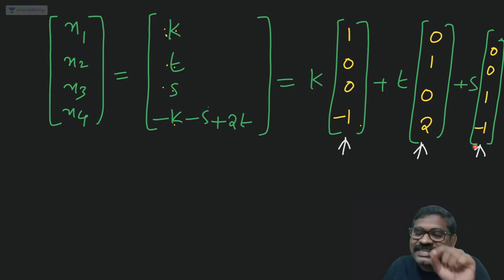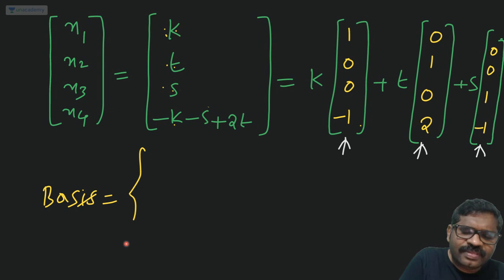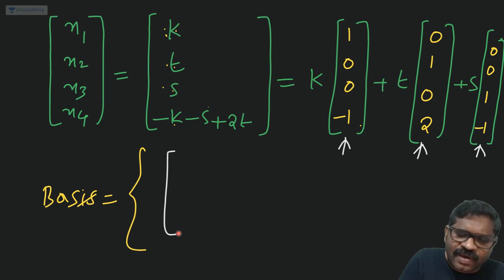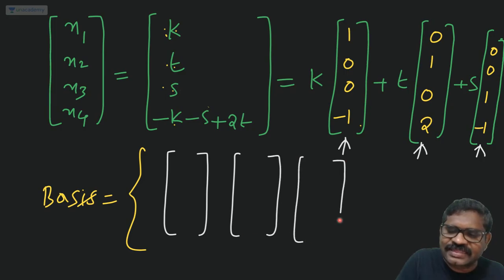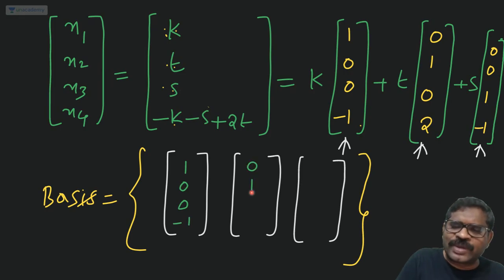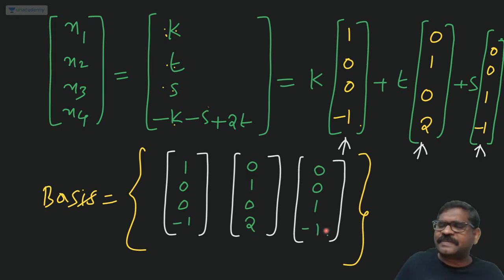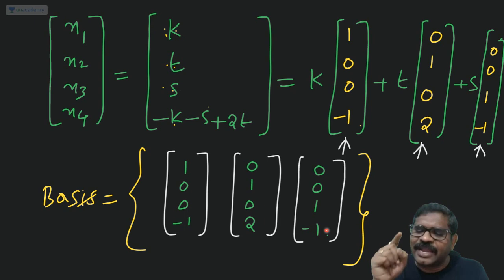Now the basis is nothing but all these column vectors written in this set: (1, 0, 0, minus 1), (0, 1, 0, 2), (0, 0, 1, minus 1). All these three column vectors are linearly independent.